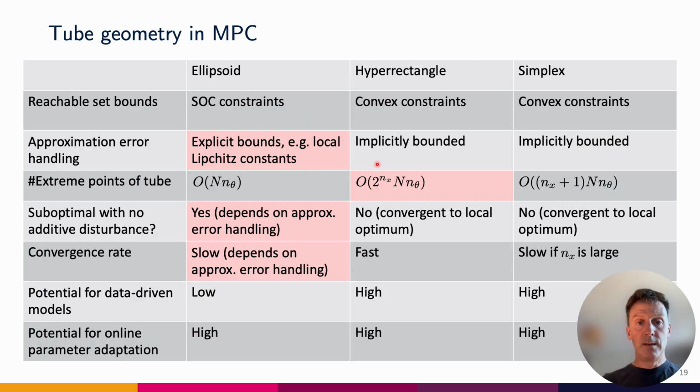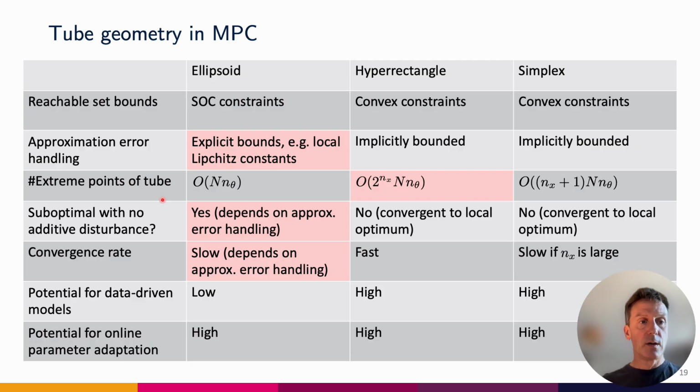On the other hand, the hyperrectangular and simplex tube MPC, which use difference of convex function model representations, don't require explicit bounds on linearization errors. So the errors are handled implicitly because we're only linearizing the concave parts of the system model.